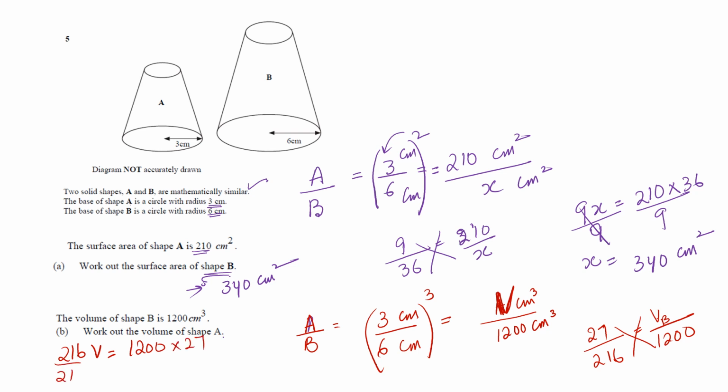Divide both sides by 216 to get rid of this 216 and directly find the value. Write in the calculator 1200 times 27 divided by 216. It gives us 150 centimeter cube. So the volume of shape A is 150 centimeter cube.